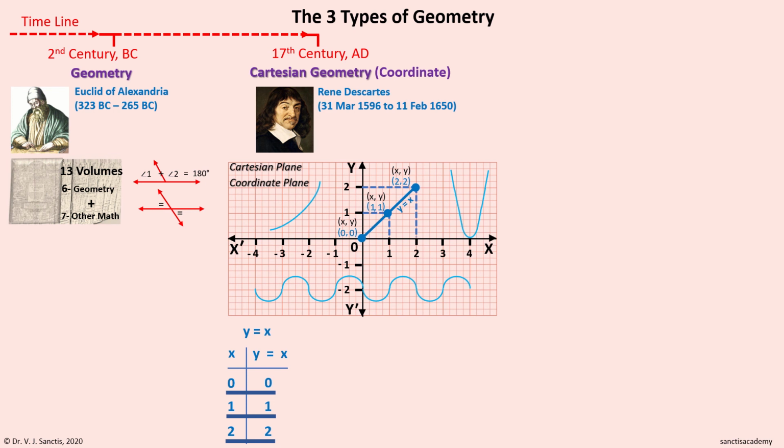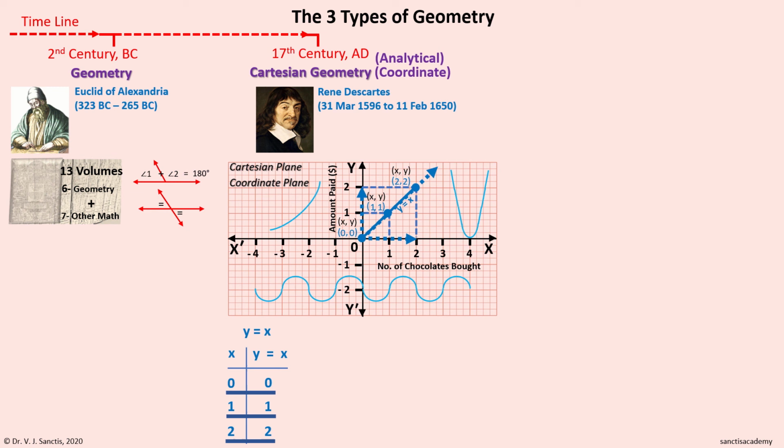For example, for the straight line obtained above from y is equal to x, if x represents number of chocolates bought and if y represents the resultant amount paid, then an elementary pictorial analysis is that since the line rises upward and to the right, y is equal to x means that as the number of chocolates bought increases, the amount paid also increases. Hence, this geometry is also called analytical geometry.